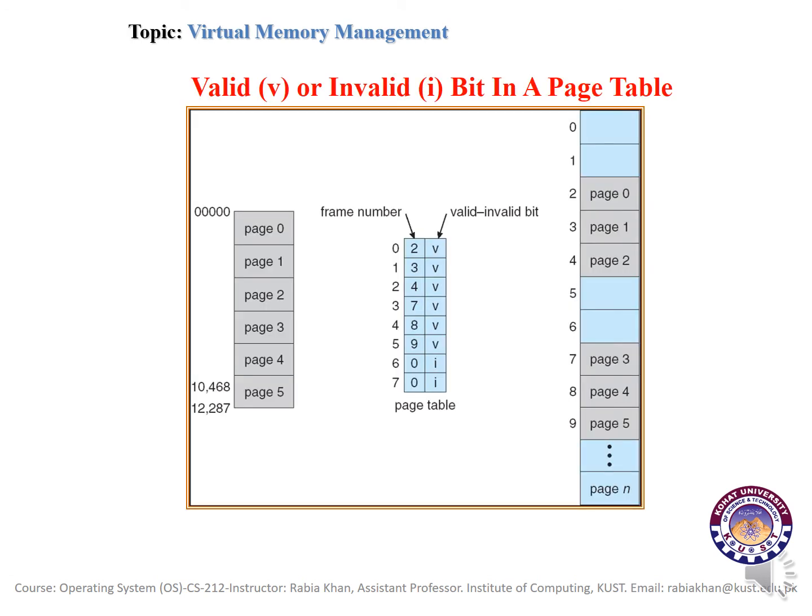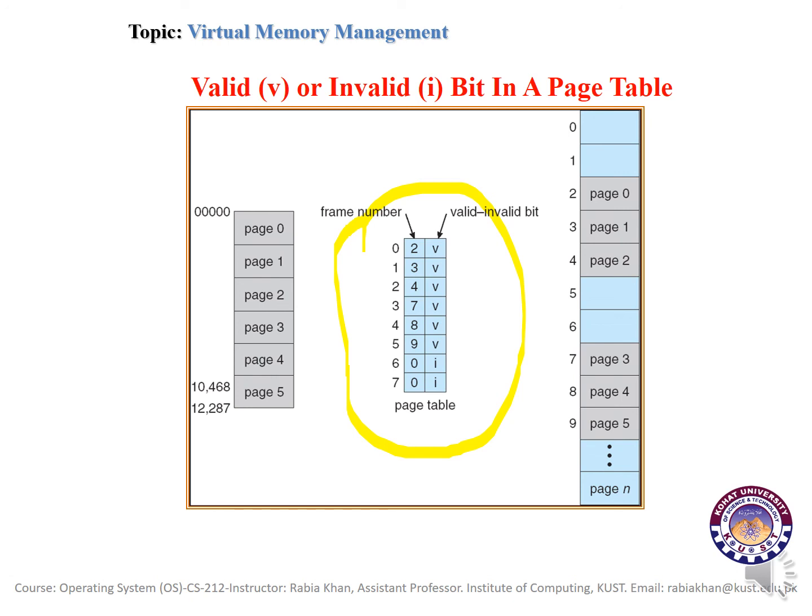Here you can see the valid-invalid bits in the page table. A process having 6 pages is represented in the figure. When its page table is accessed, it shows which page is located in which frame number.